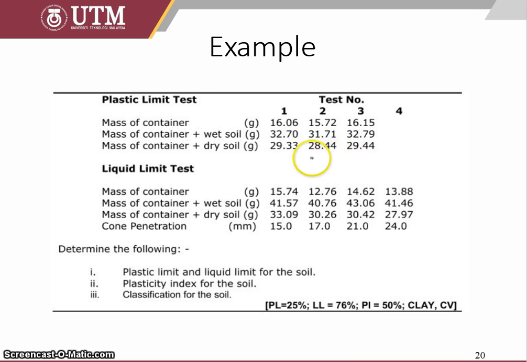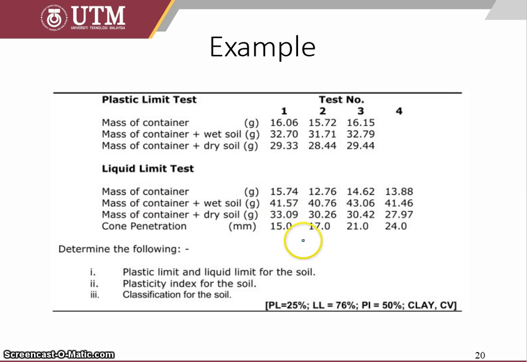The average moisture content becomes the plastic limit, because these results were taken at the 3 millimeter thread size, where the soil crumbled. They take that sample, weigh the wet soil, put it in the oven, and take the dry soil weight.